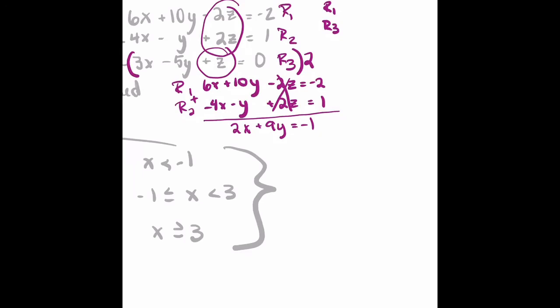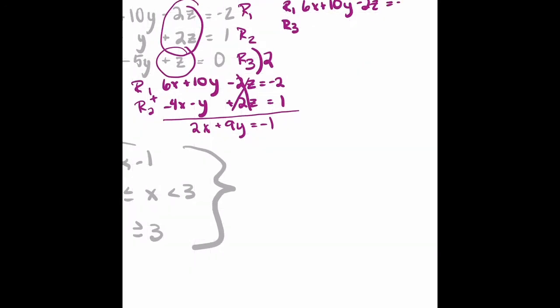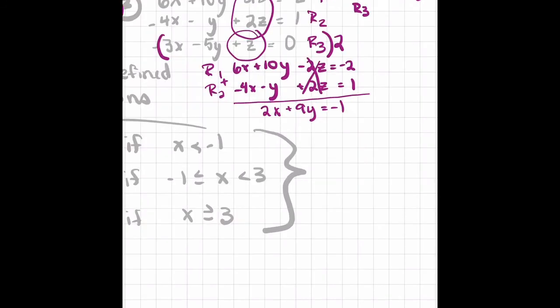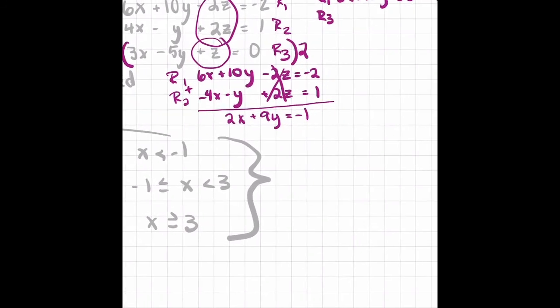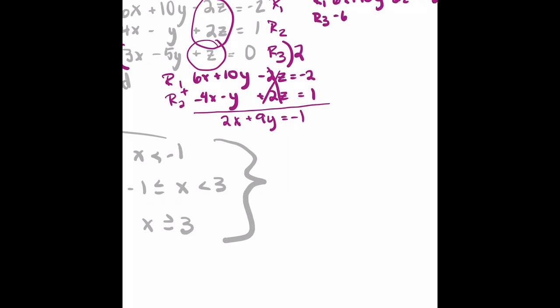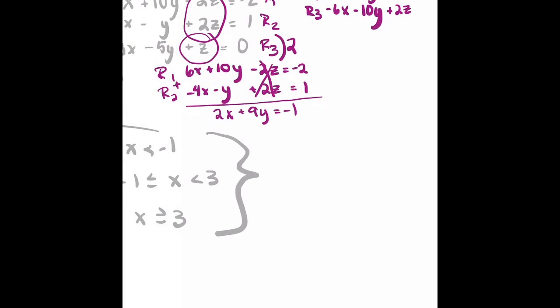So my row 1 I can copy, and I will get 6x plus 10y minus 2z equals -2. And then to multiply row 3 by 2, I will get -6x minus 10y plus 2z equals 0.